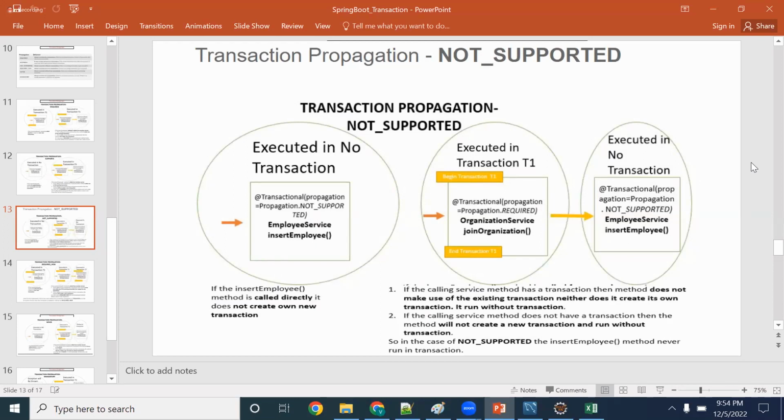If you want one service to be out of transaction, you will write that service as not supported. It will be completely out of the transaction. It will not participate in the transaction block. Understand? So every time, the transaction object is not there.